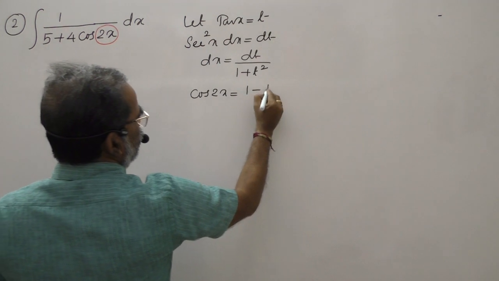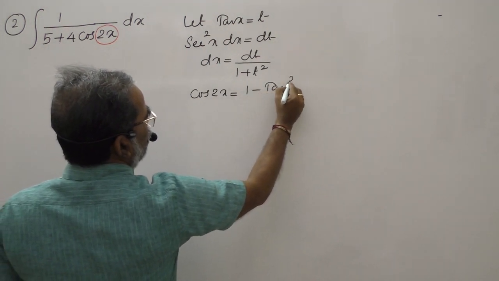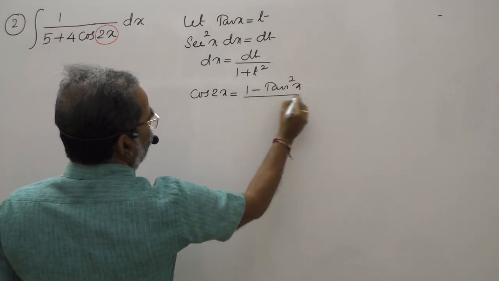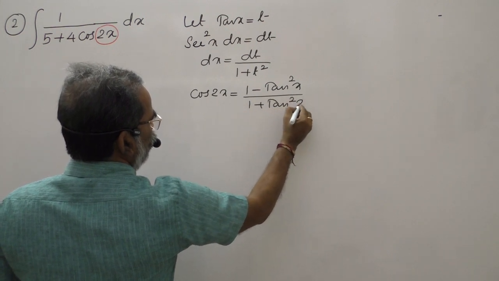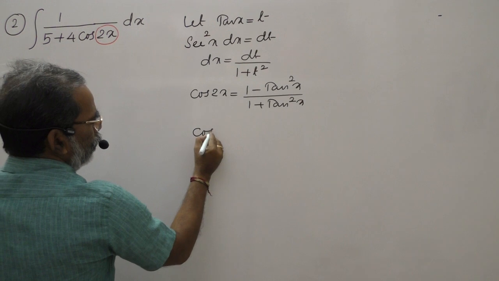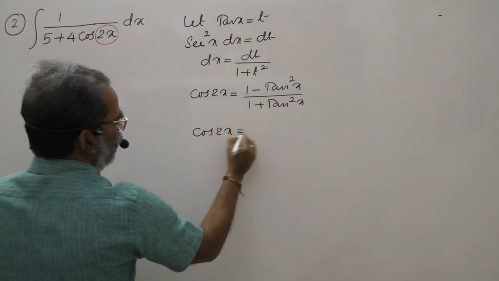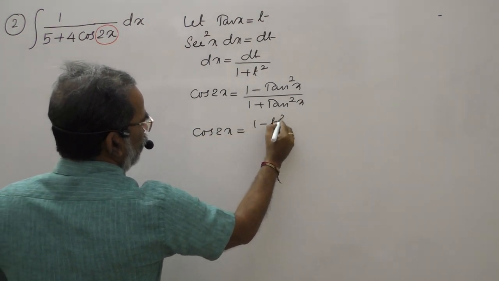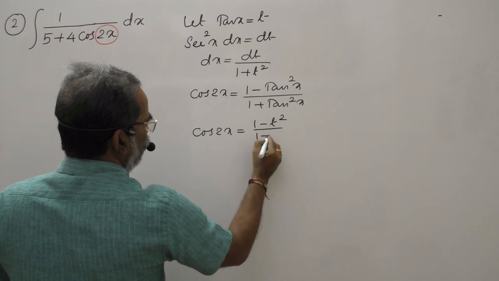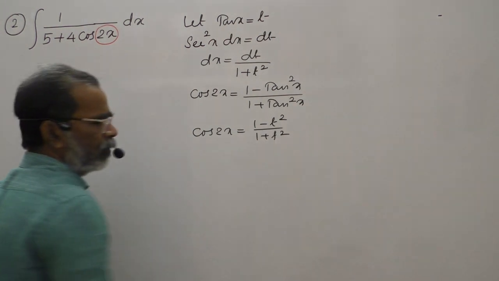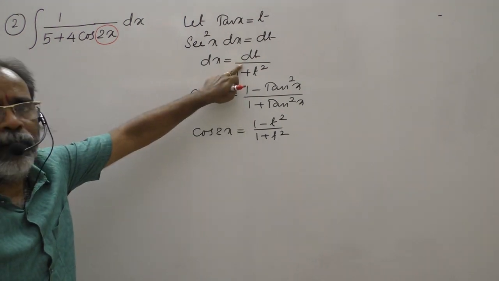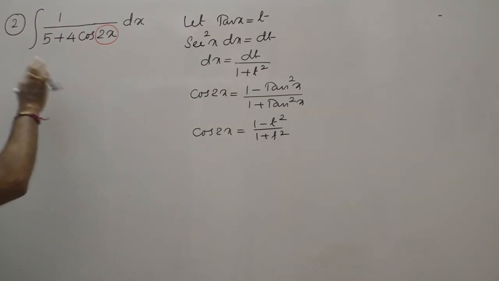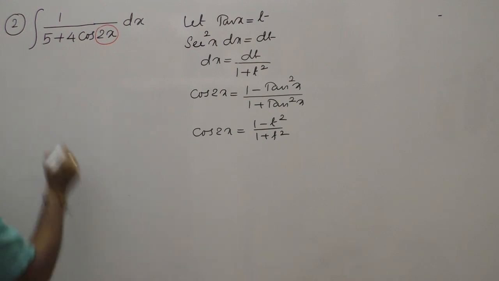Cos 2x is (1 minus tan square x) by (1 plus tan square x). That is, cos 2x in terms of t is (1 minus t square) by (1 plus t square). This remains the same, but here it will be changing, since cos 2x is there.